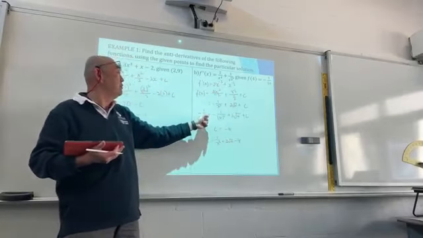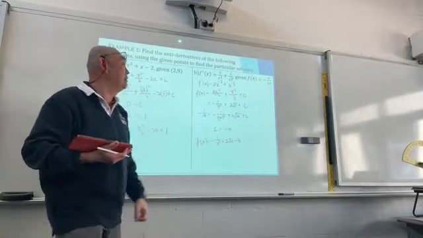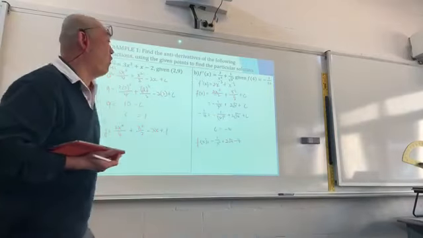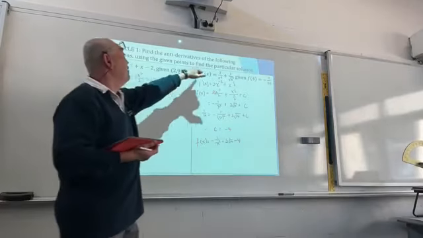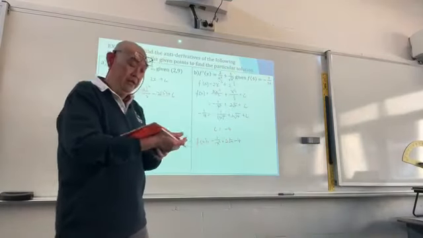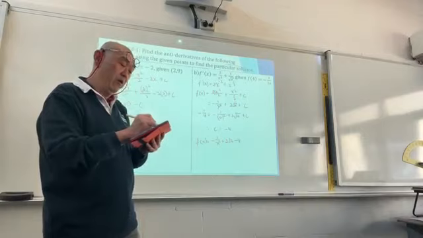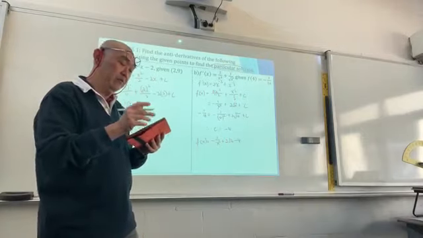So substitute minus 1 over 16 and 4 into the function, and therefore c equals minus 4. And we always write out the function. It says here, find a particular solution. That is important. Always write the function.